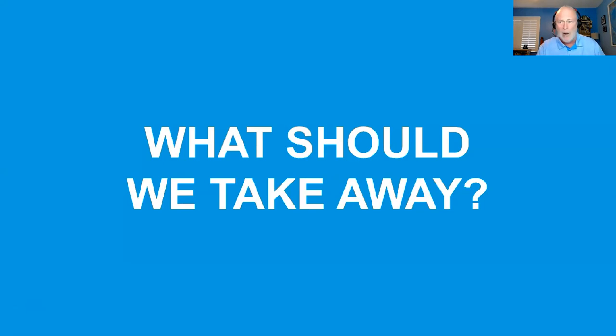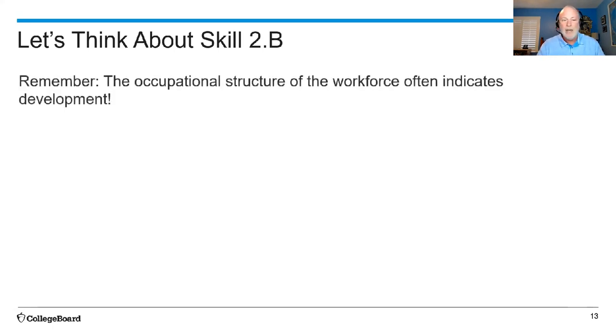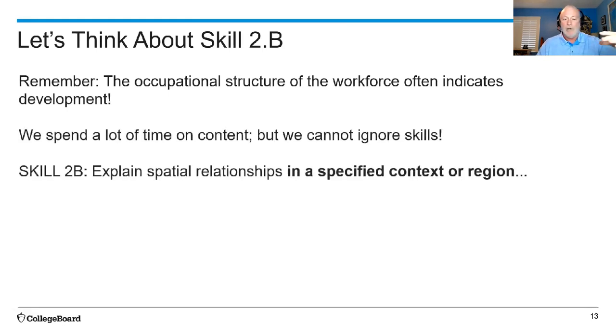Okay, so what should we take away now that we've seen this video and talked about primary, secondary, tertiary, quaternary, quinary? Don't forget, not only is this class all about the topics, but we've got to be able to marry the topics to the skills, right? And so skill 2B talks about the idea of explaining spatial relationships in a specified context or region. Now, I bolded that because that to me is the real pullout of that skill.